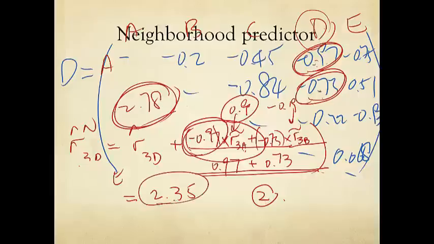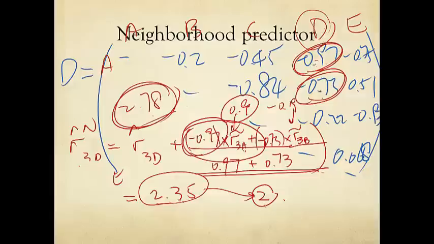Whereas with the help of neighborhood, knowing that A and B are very dissimilar from movie D, and user 3 kind of likes A and doesn't hate B too much, which actually tells us that she is going to really not like D a whole lot. With that information, we push 2.78 down to 2.35, which is indeed much closer to the actual ground truth 2.